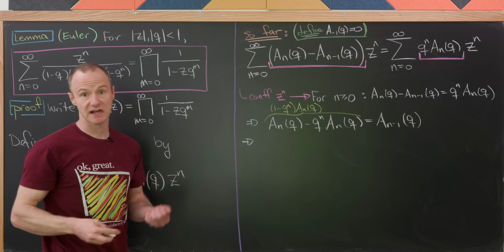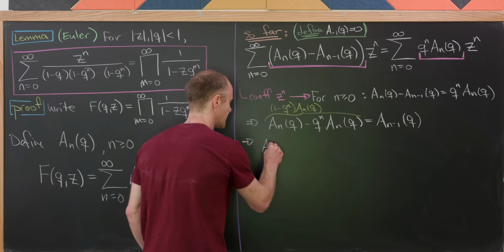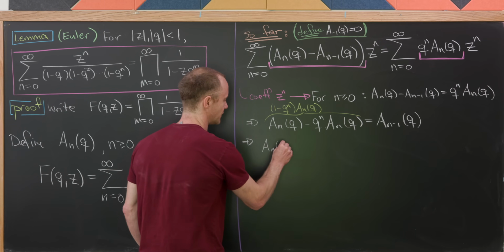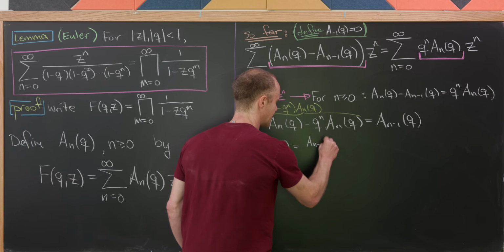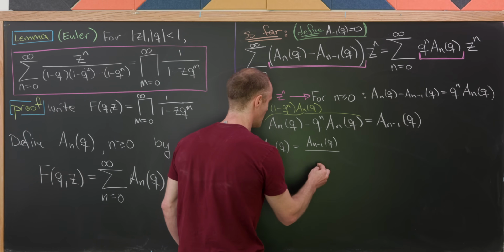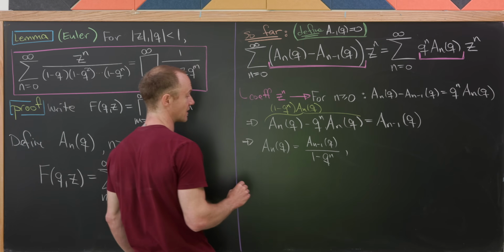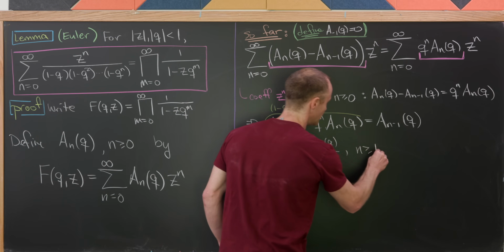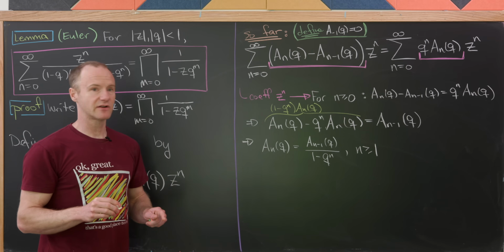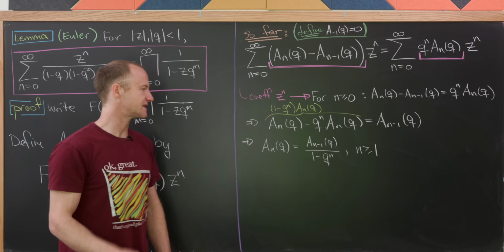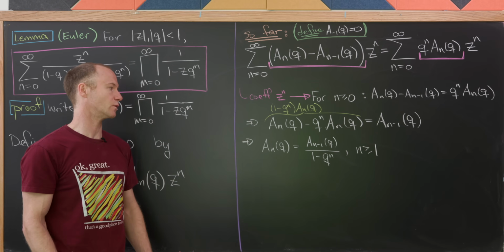Then we can divide both sides of this equation by 1 minus q^n, leaving us with a really important recursion. So we have a_n(q) is equal to a_{n-1}(q) all over 1 minus q^n. And I should point out here that this works only if n is bigger than or equal to 1. This breaks down if n is equal to 0 because we get a sub minus 1, but also we're dividing by 0 in that case as well.